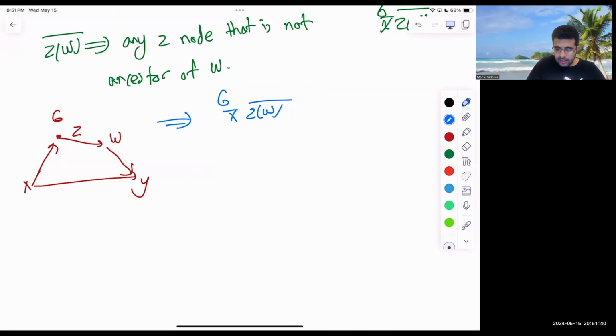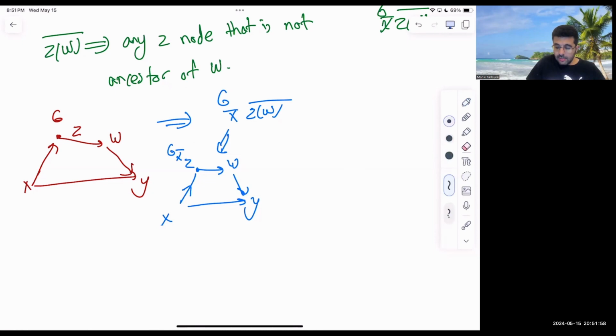Go ahead and remove any... So this is for this one. This part is Z, W, X, Y. This is going to be G X bar.